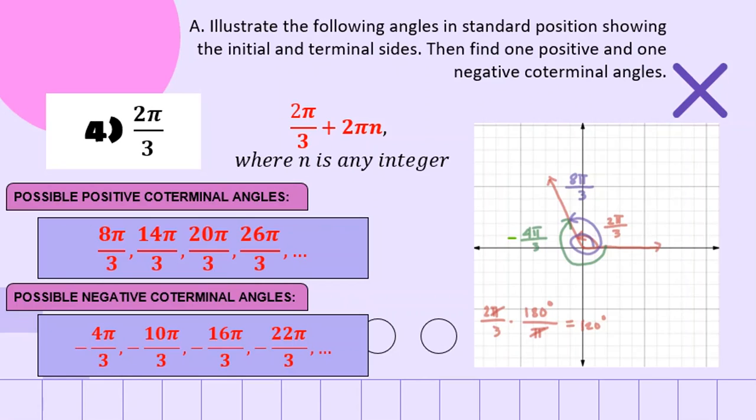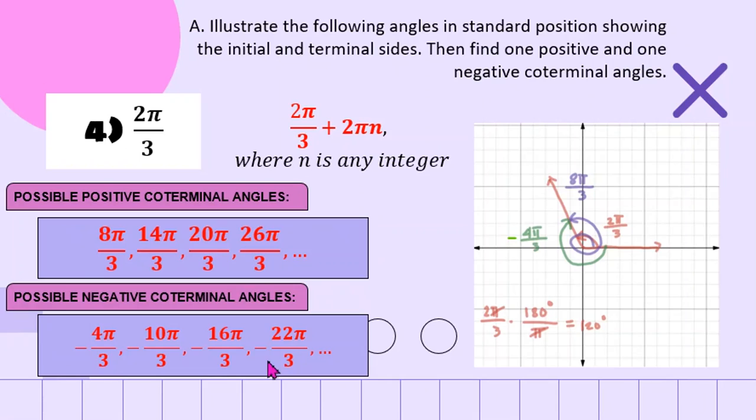If you will be asked for the negative coterminal, of course your angle should be negative. Instead of adding 2 pi, you subtract 2. 2/3 minus 2, verify that in your calculator, that's negative 4/3. Then minus 2 again, that's negative 10 pi over 3.